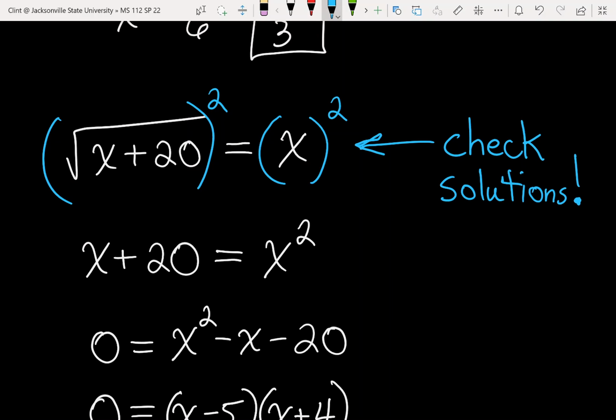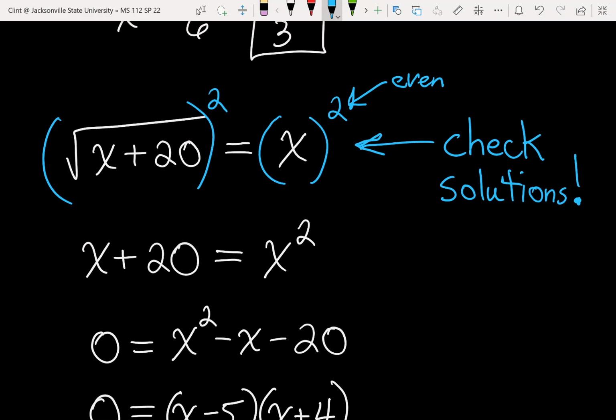Because sometimes when we square both sides, we introduce what we call extraneous solutions. So what that means is that we can do the algebra perfectly correct, but when we get to the end, maybe one or more of our solutions don't actually work when you plug it back in. That's a possibility. And that happens when you raise both sides to an even power. If you raise both sides to an odd power, you don't have to worry about it.